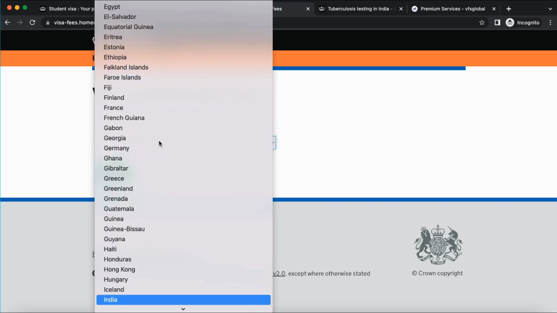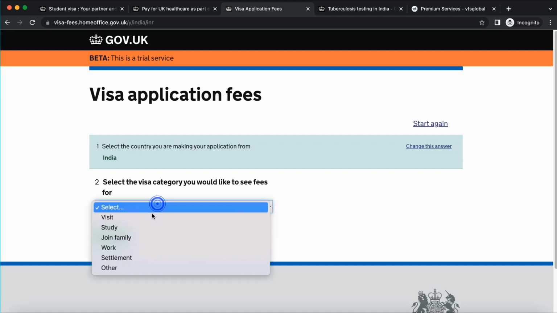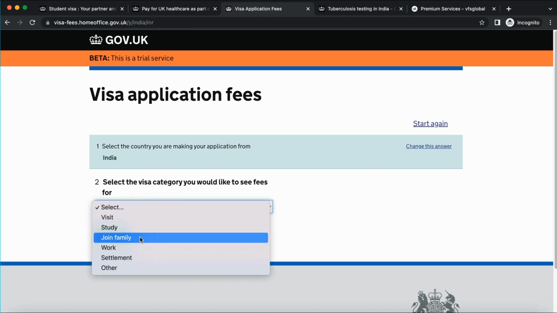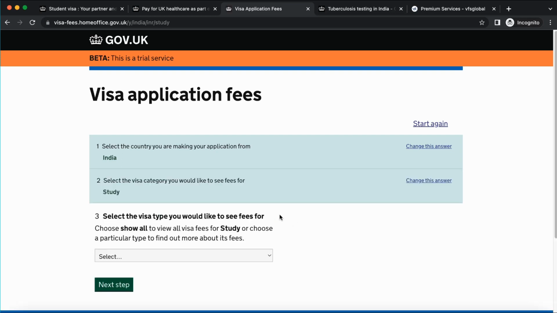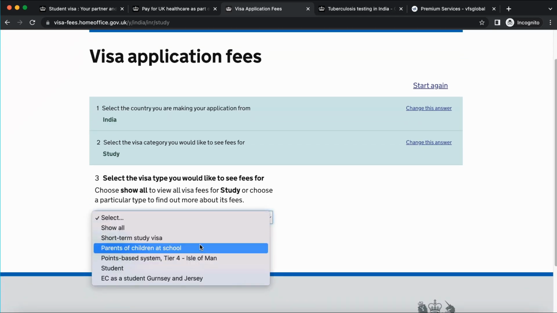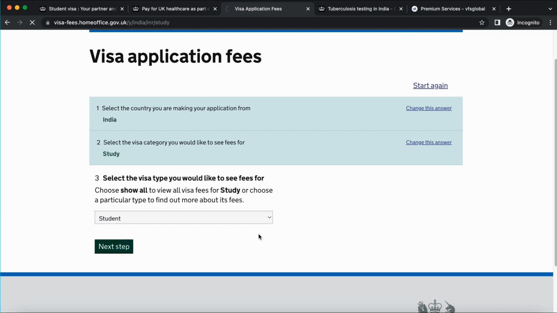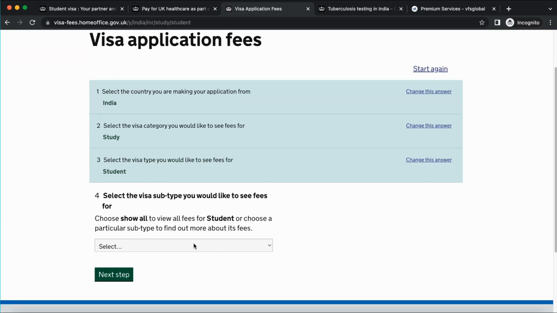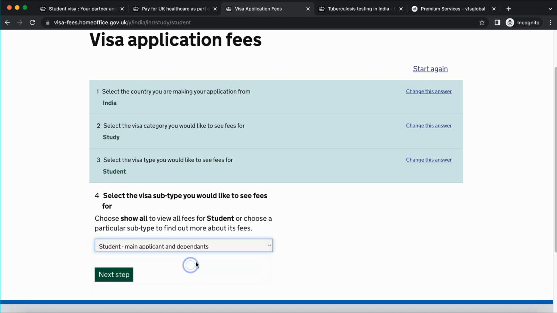I type in India. Next, the category would be study. Next, this would be student, main applicants and dependents.